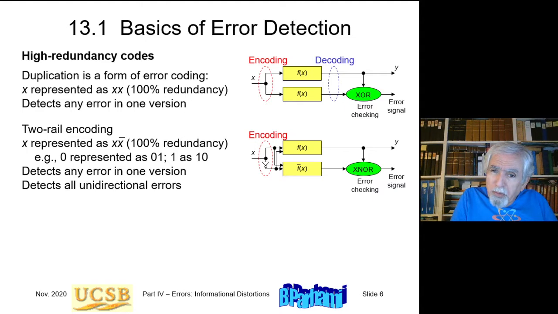And therefore, normally we expect the two outputs of these blocks to be complementary. Therefore, we use an XNOR as the error detector. So we gain a little bit of advantage over straight duplication by using two-rail encoding.